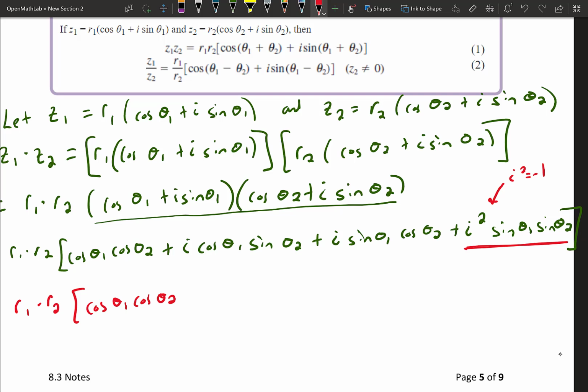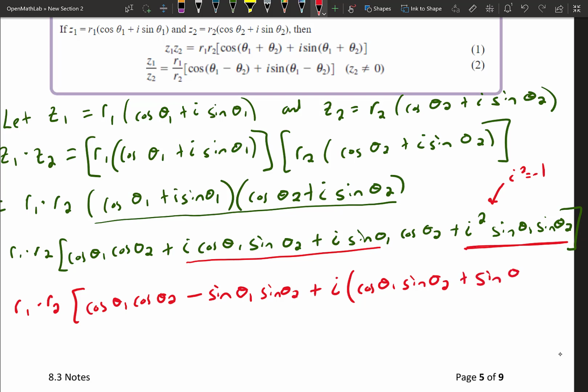So this would be minus sine theta 1 sine theta 2. And then I would have plus, and then I have these two terms, and what I could do is factor out an i, so that would be i times cosine theta 1 sine theta 2 plus sine theta 1 cosine theta 2.